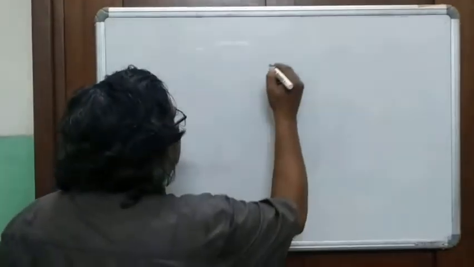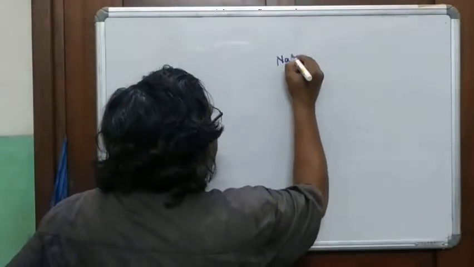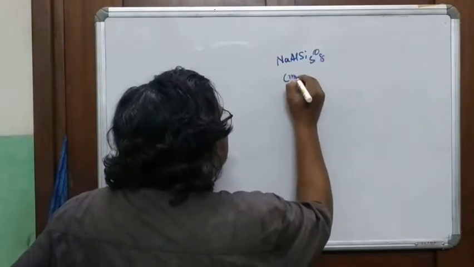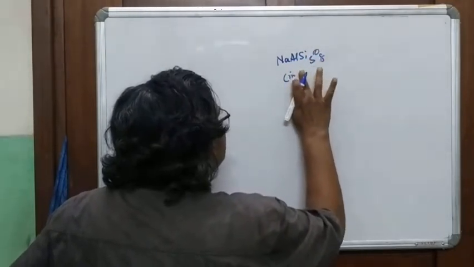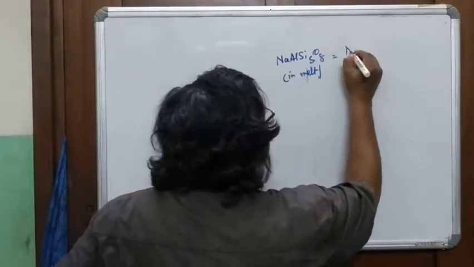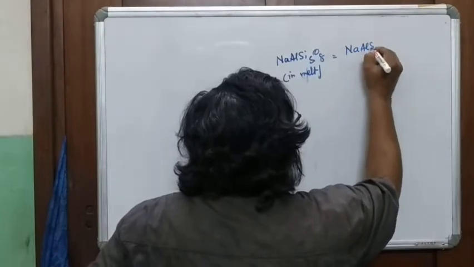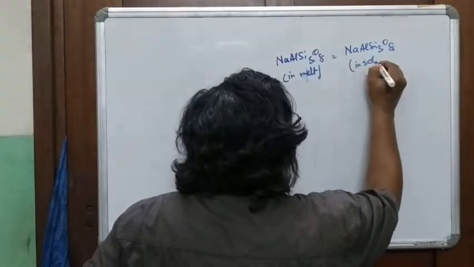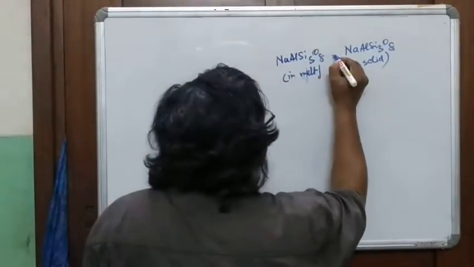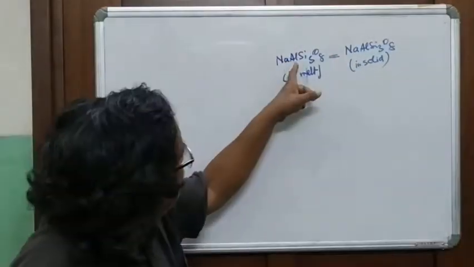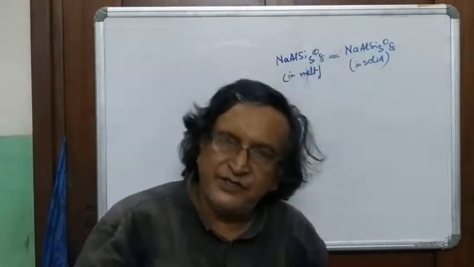Let's take one of them: NaAlSi3O8 in melt is equal to NaAlSi3O8 in solid. That's it. This equal to sign is essentially equilibrium, and these two are stoichiometrically balanced.